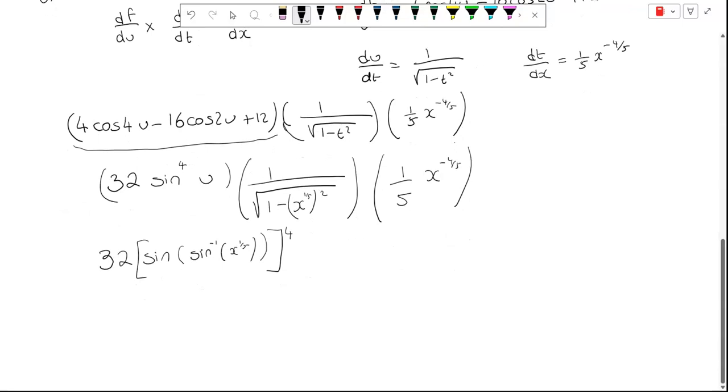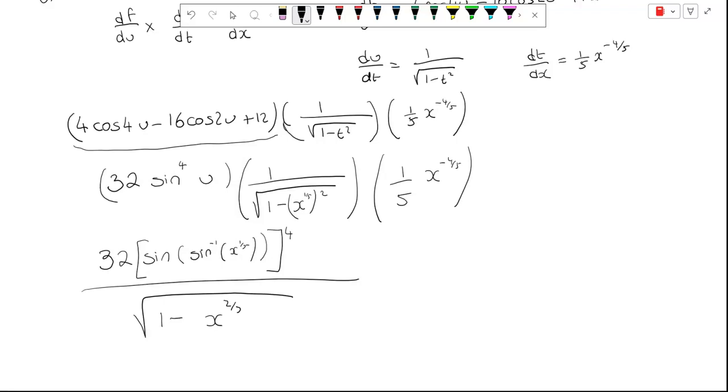And I'm just going to put this in the denominator, square root of 1 minus, and then that squared, so you times the powers, that gives you 2/5, times by 1/5 x to the power minus 4/5, so that can go to the bottom, x to the power 4/5.